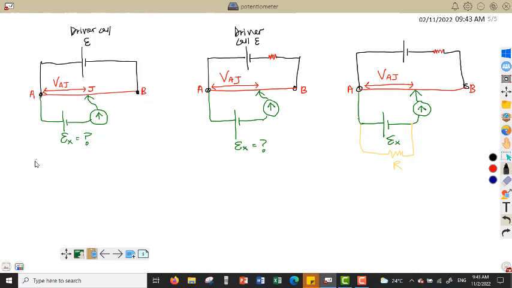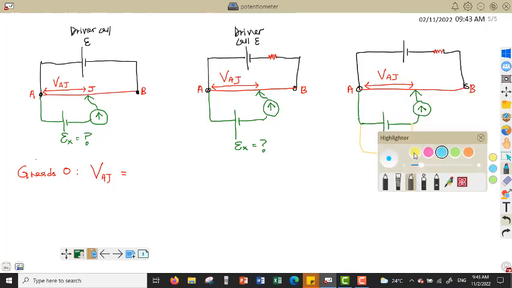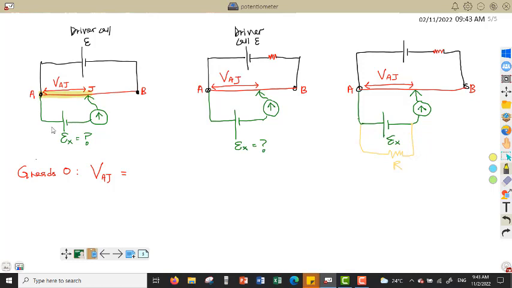We must always remember, as our G reaches 0, the voltage across the balance length, the position whereby the jockey taps on the wire, must always equal to the voltage below. This one will be equal to this one. So for this situation, it will equal to EX.